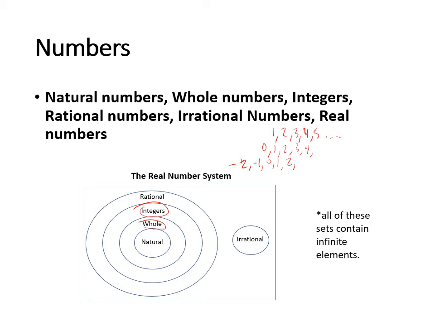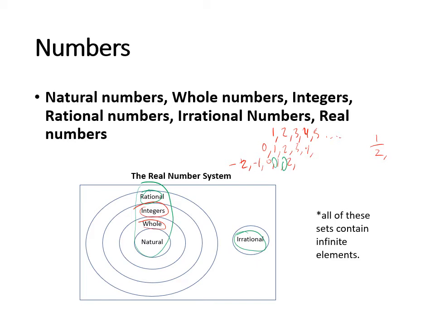Rational numbers are stuff like 1/2. That's a rational number. It's a ratio of two integers. Those are the numbers in between these numbers. And then we also have irrational numbers, which cannot be expressed as a ratio of two integers.